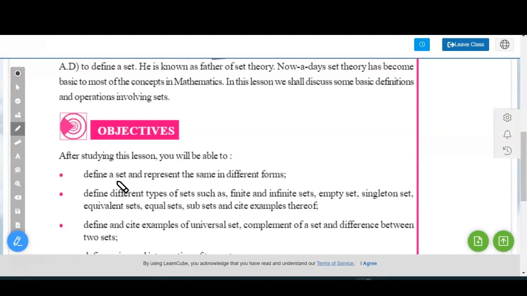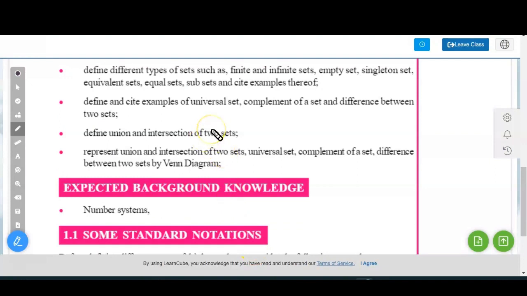Then comes the different types of sets: finite and infinite sets, empty set, singleton set, equivalent sets, equal sets, subsets, and their examples. Then we will see examples of universal set, complement of a set, and difference between two sets. So these are all the different types of sets we will be learning in the coming chapter.